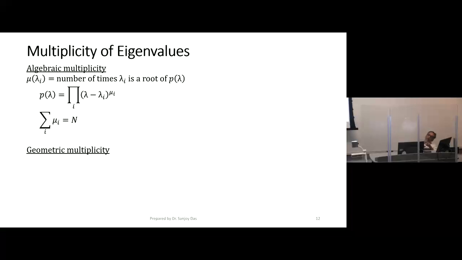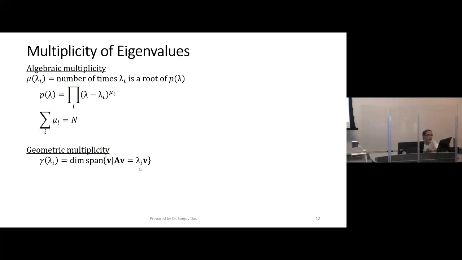But it could have V1 and 2 different eigenvectors, maybe V1 and V1 prime. Okay, so for the geometric multiplicity, consider this space, we take all the eigenvectors V of lambda i.